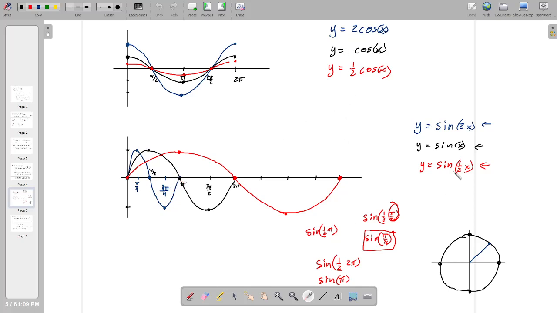Now for the black one, it's 2 pi because it's just a sine curve, so it goes through its entire curve on an interval length that's 2 pi. But for the red curve, it's 4 pi. This would be 3 pi and this is 4 pi. It takes us an interval length of 4 pi to get through one entire cycle of sine. That's what the period is referring to.